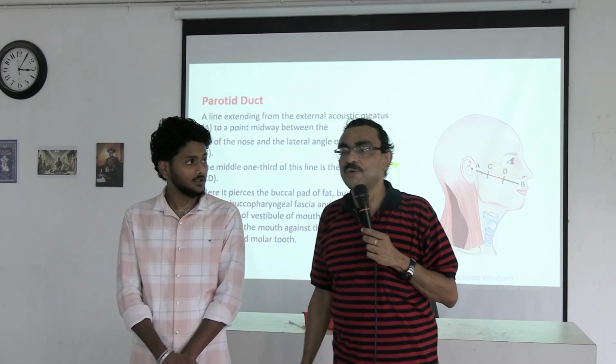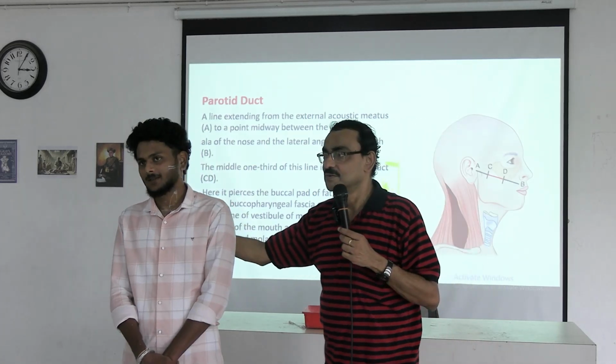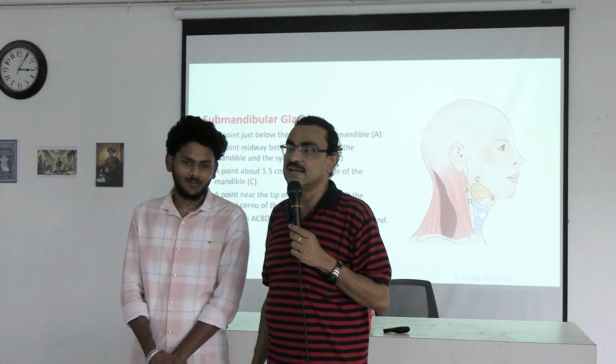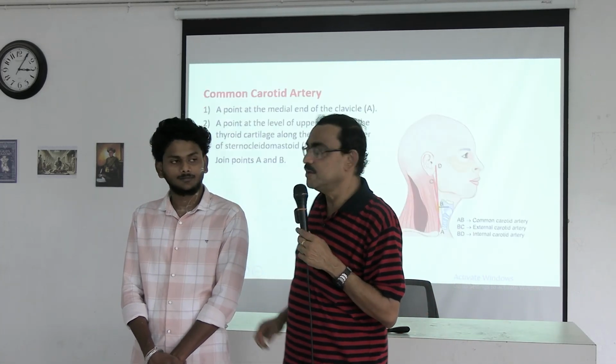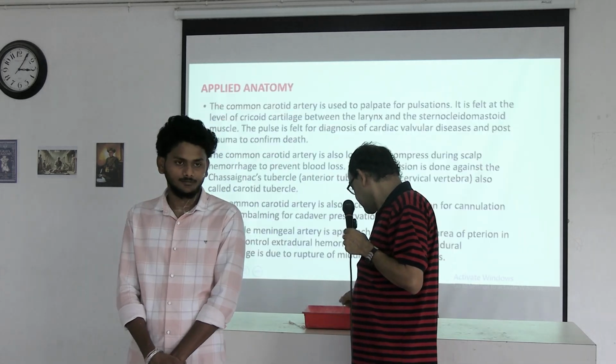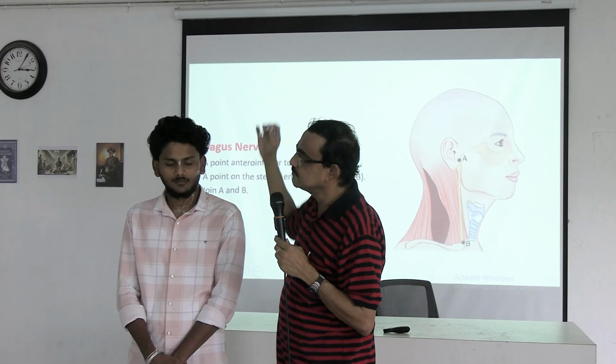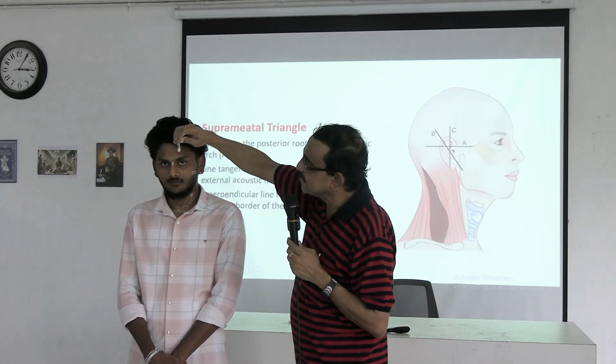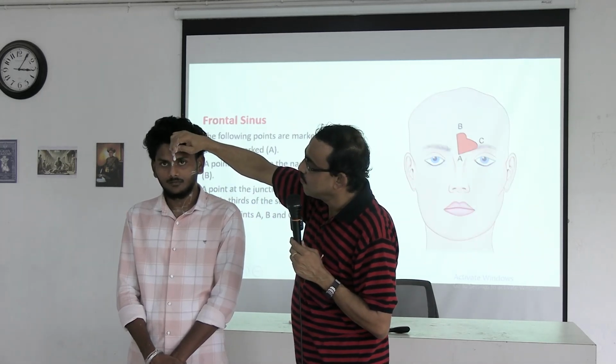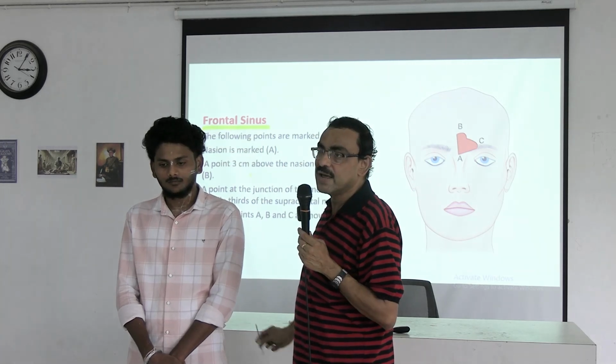Next, right frontal air sinus. One point is already covered, that is the nasion. From the nasion you will go 1 inch above or 2.5 centimeter above, and put another point.